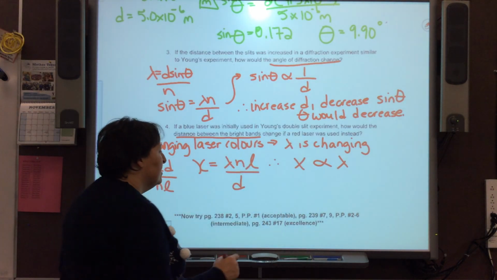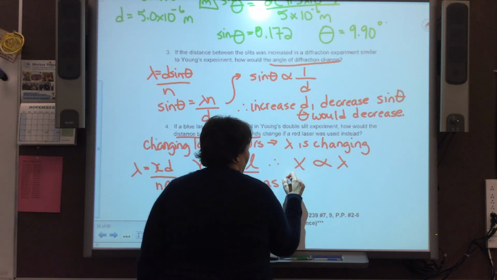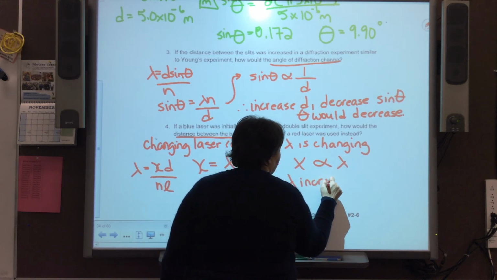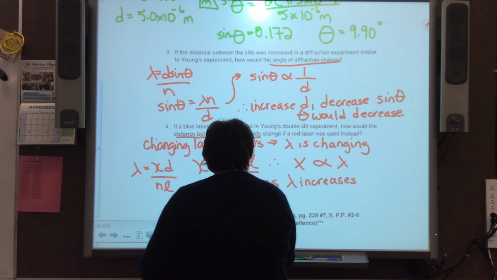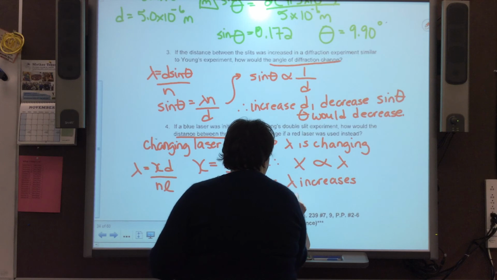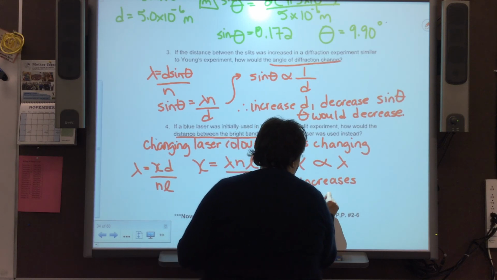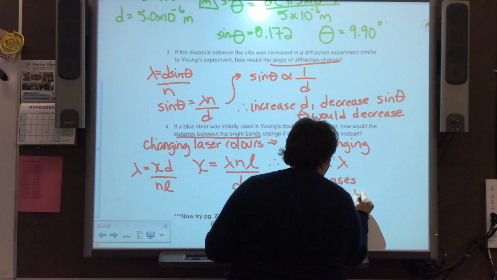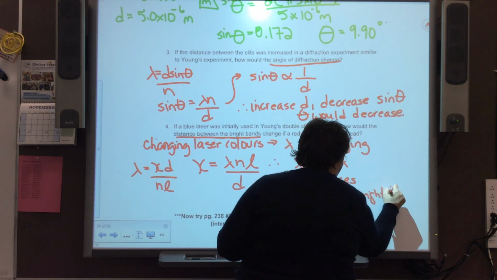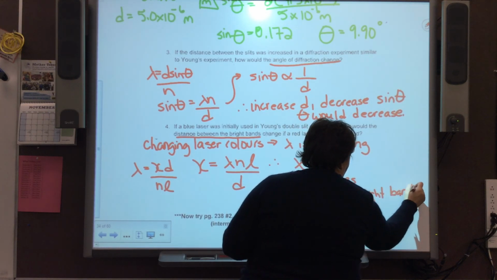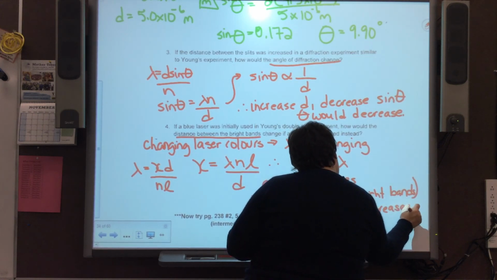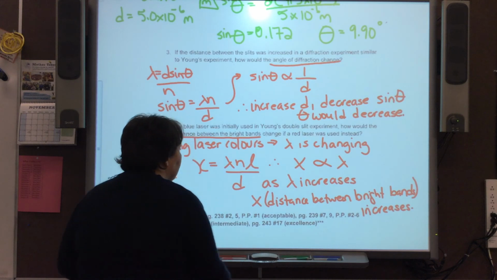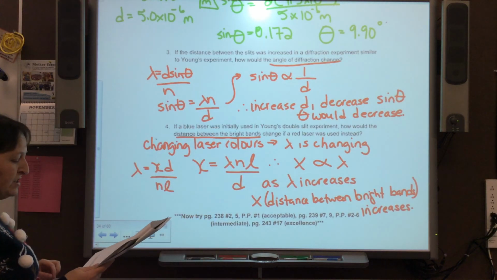Wavelength is changing. So as your wavelength increases, your distance between the bright bands changes. Okay, so that's how you look at the theory of these questions here.